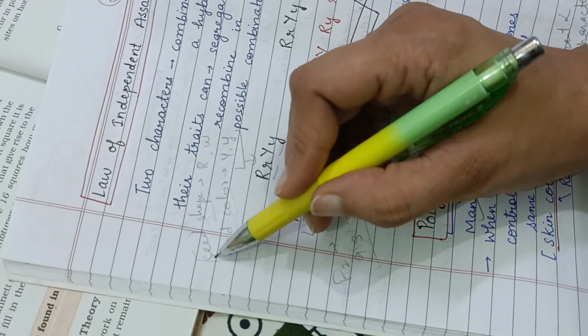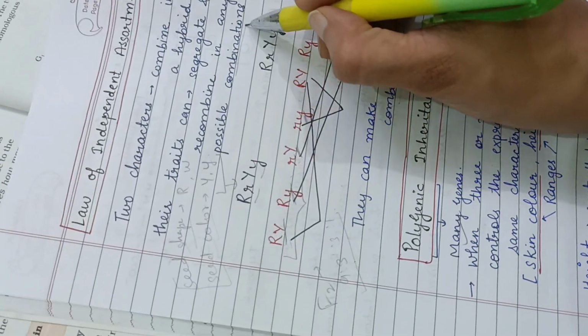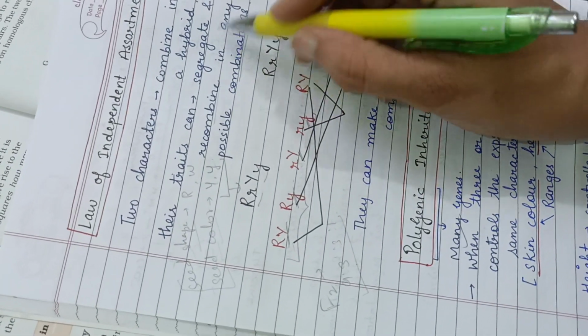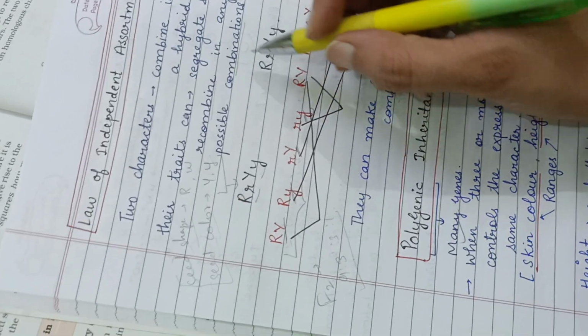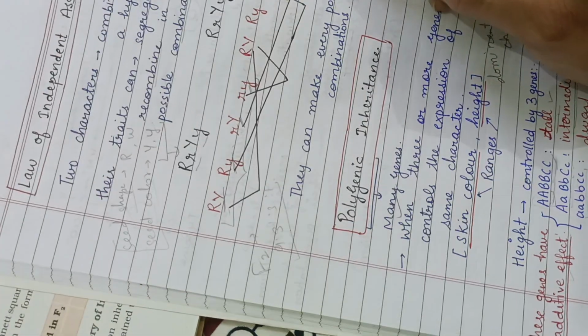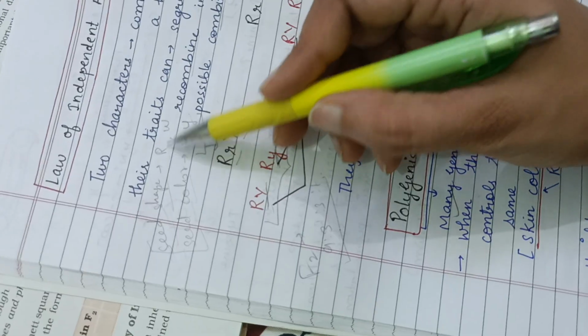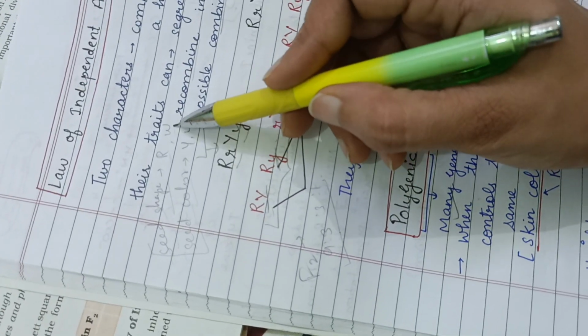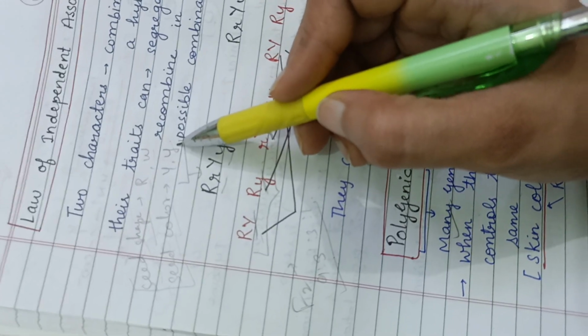So these two characters can form n number of possible combinations that can recombine and form a separate trait, right? Their traits can segregate and recombine in possible combinations. So we have seed shape, right? R means round and wrinkled, seed color yellow and green.